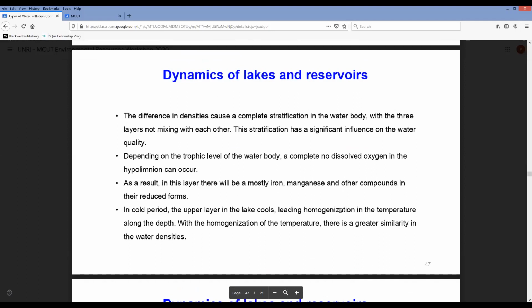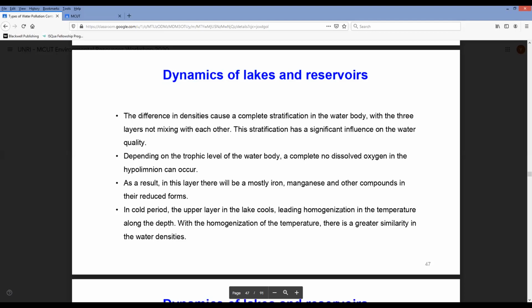And then the differences in density lead to complete stratification in the water body, in which the 3 layers do not mix with each other. This stratification has a significant influence on the water density and depends on the trophic level of the water body. A complete absence of dissolved oxygen in the hypolimnion can occur.